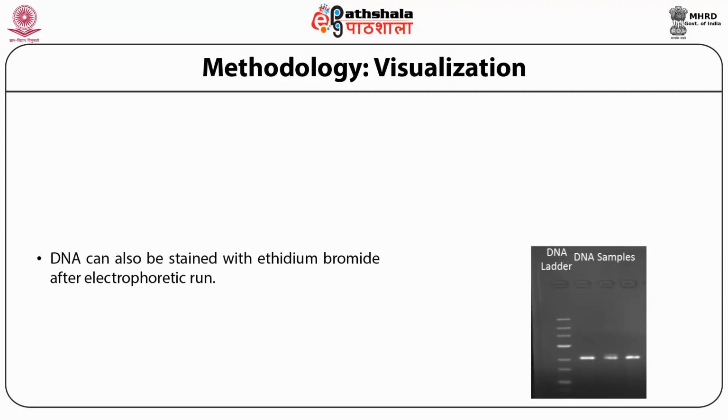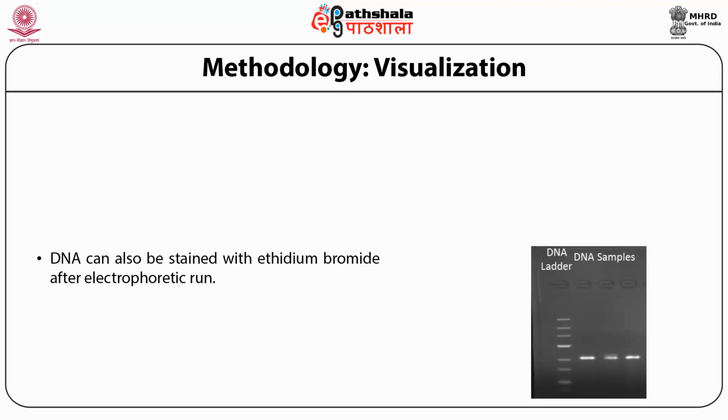DNA can also be stained with ethidium bromide after the electrophoretic run, and this requires placing the gel in ethidium bromide solution for 5 to 10 minutes. 10 nanogram of DNA can be detected. Other alternative dyes to visualize DNA are also available.